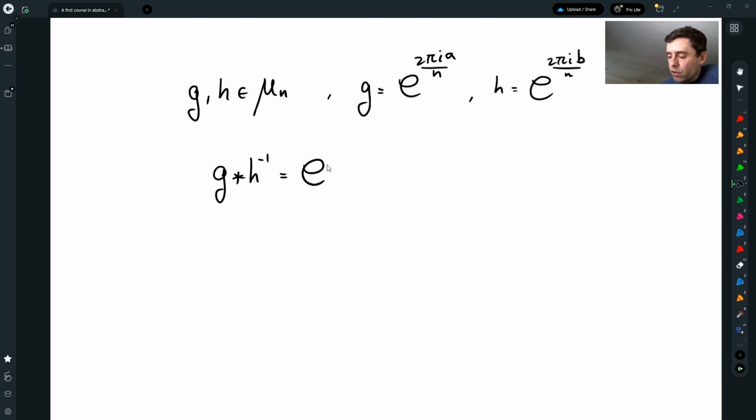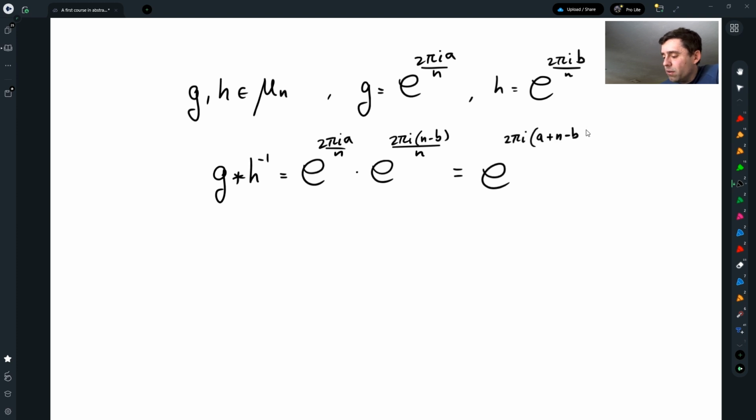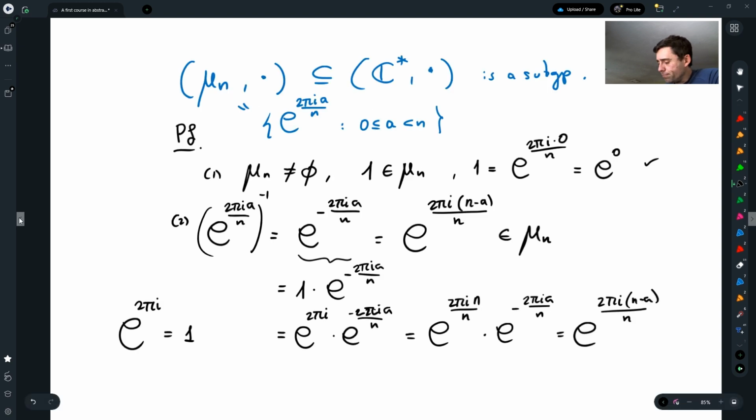That is e^(2 pi i a/n) times e^(2 pi i (n-b)/n), and this will be e^(2 pi i (a+n-b)/n). Notice that the exponent in the roots of unity is just a class modulo n.